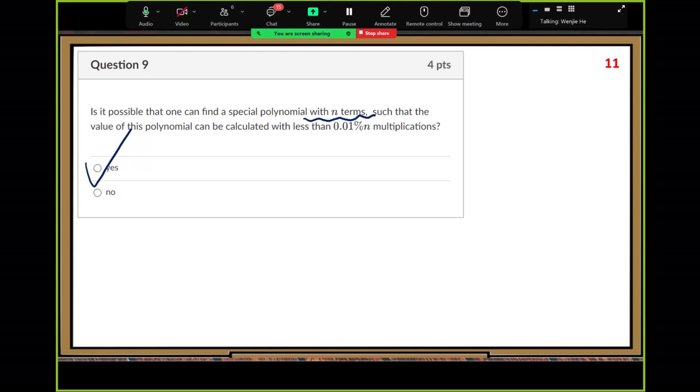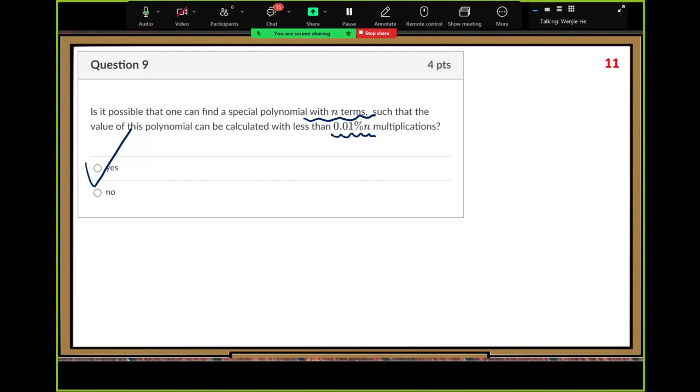One term we can use repeated squaring. But here, I tell you the condition. It must be a polynomial with n terms, such that the value of this polynomial can be calculated with less than 0.01% times n multiplications.